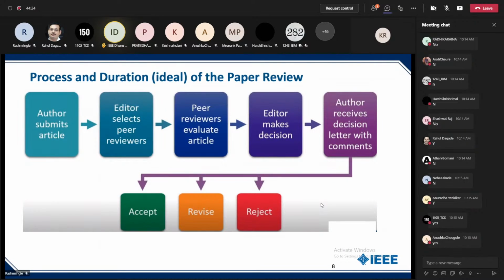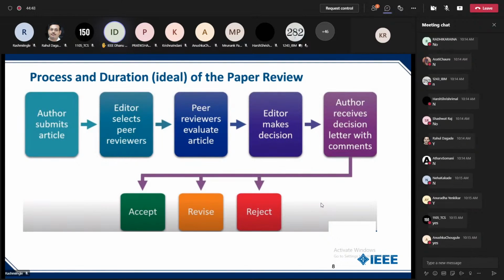This is very important, because accept means, bingo, you are there, your article will be published in the upcoming issues. Secondly, revise. Revise is very common. We don't have to really worry if we hear revise and resubmit. And finally, reject.